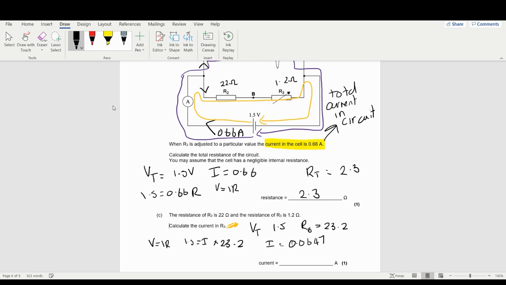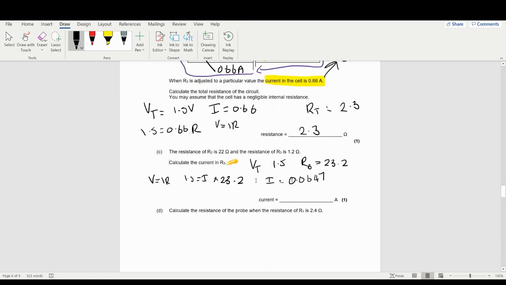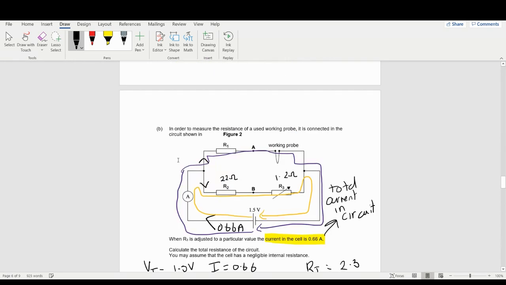0.0647 amps. So it's very, very low, okay? And what I then do, because this is how I learned how to do electricity, is I write that on my circuit. I will literally go 0.0647 amps. I will write it on there because now I know how much current is going through here.